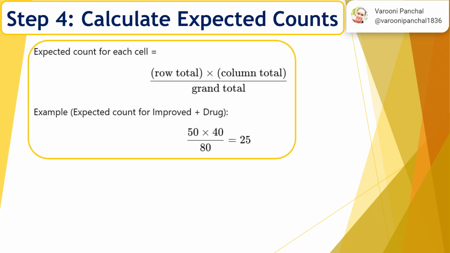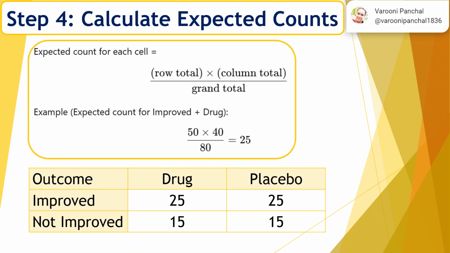Step 4, calculate expected counts. The expected count for each cell is the row total times the column total divided by the grand total. If you consider the earlier table, the expected count for improved plus drug is 50 times 40 divided by 80, where 80 is my grand total.